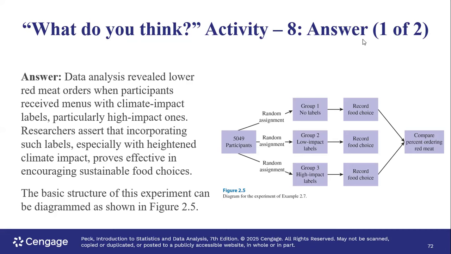The basic structure of this experiment: three conditions based on the labels that people received in their food choices, and based on that information, what food did they select at the end, and what was the impact on the climate. That was what was measured.